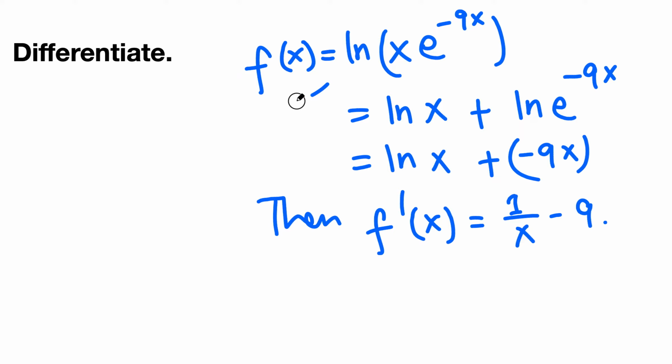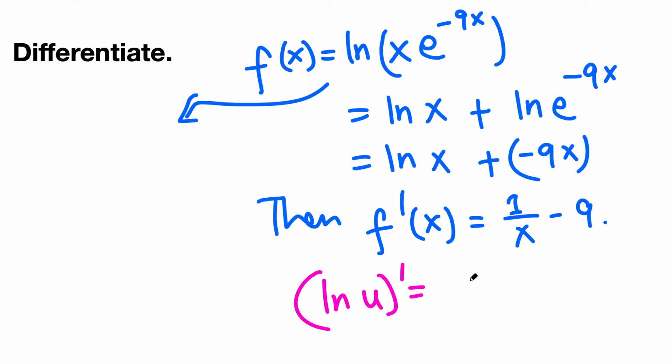But we can find the derivative without using this property of natural log. We can think of the whole expression as natural log of some function u. In this case we need to use the chain rule, and we know that when we have natural log of u, its derivative is 1 over u times u prime.